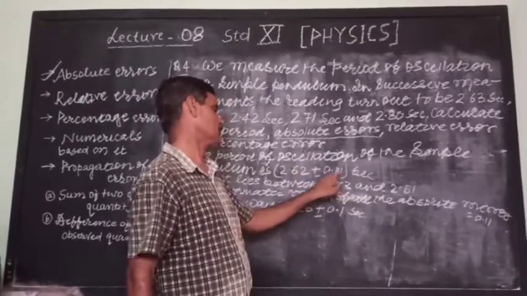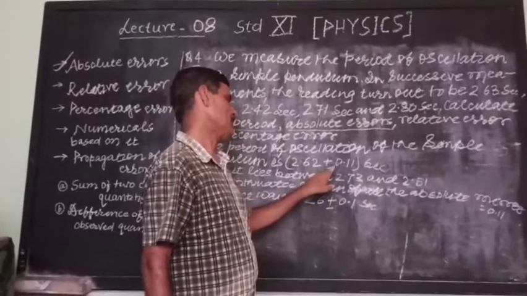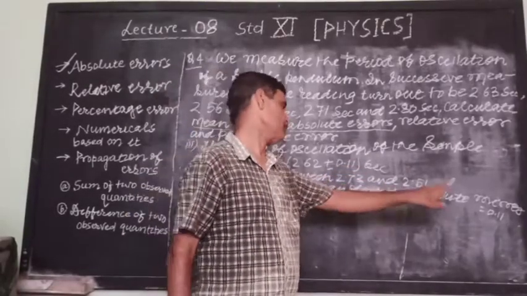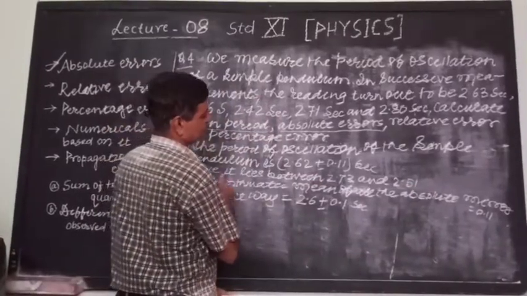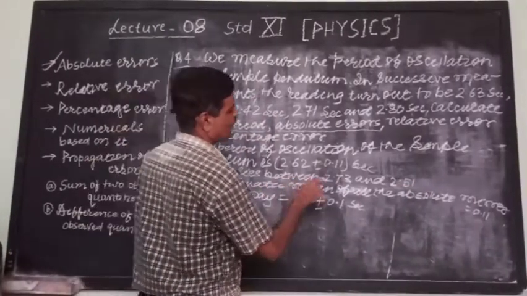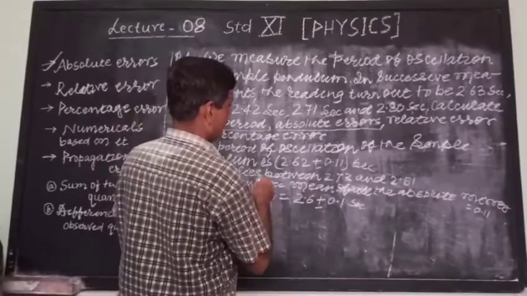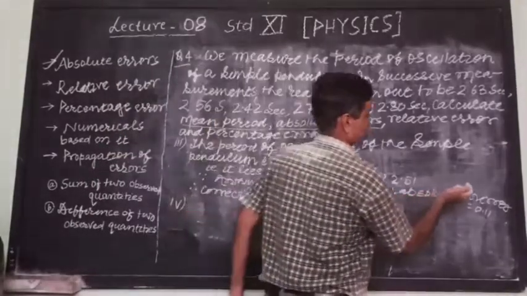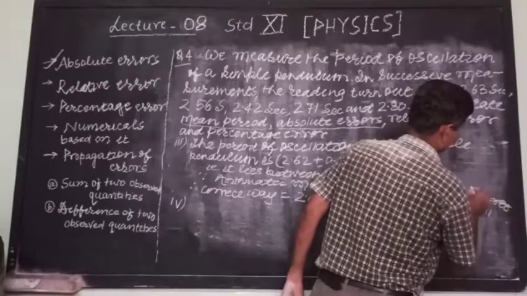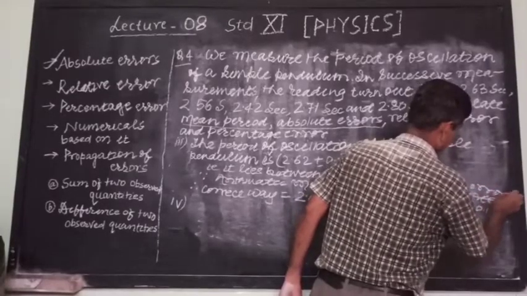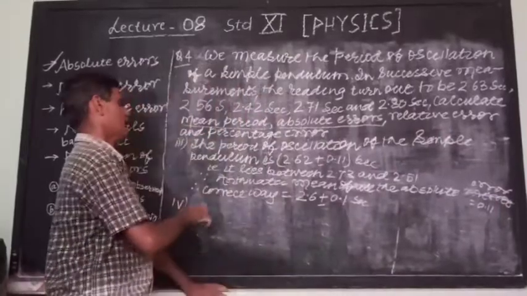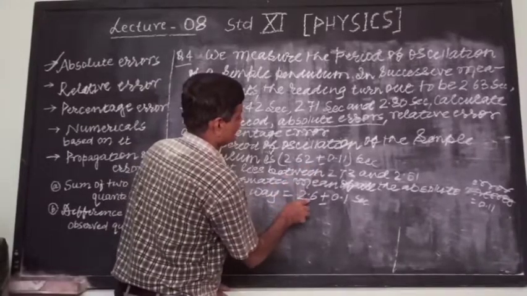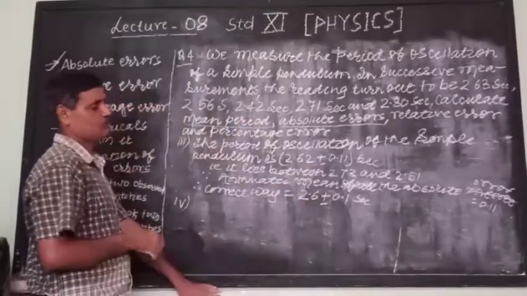The other, 2.62 minus 0.11, will be 2.51. Since the arithmetic mean of all the absolute errors was 0.1, the correct way we can write it is 2.6 plus minus 0.1 second.